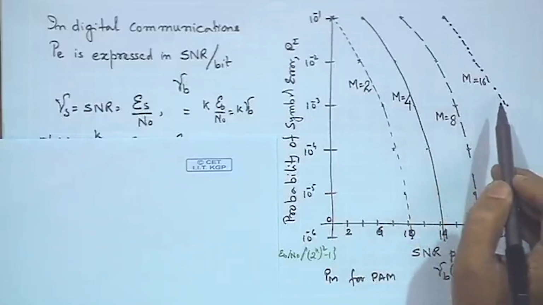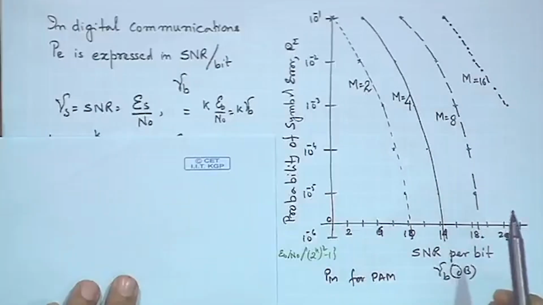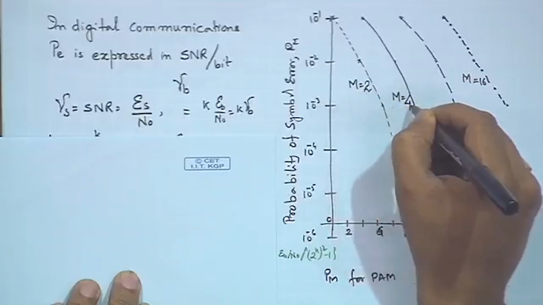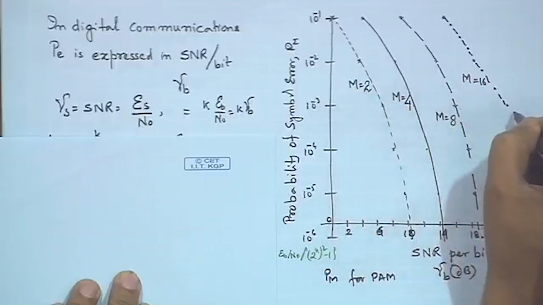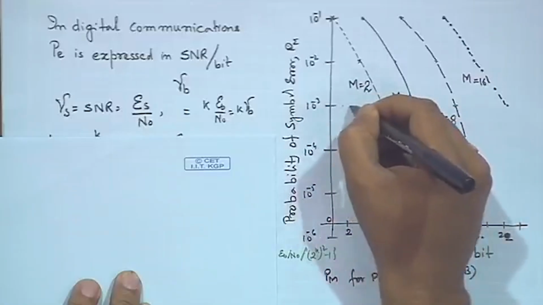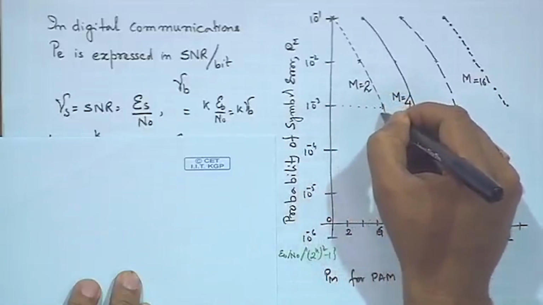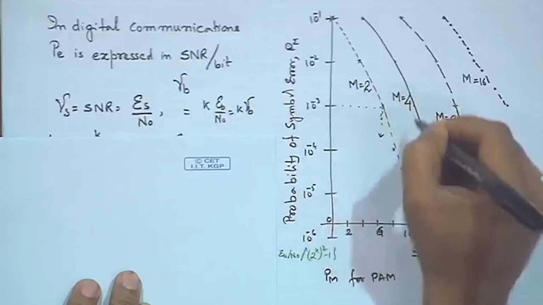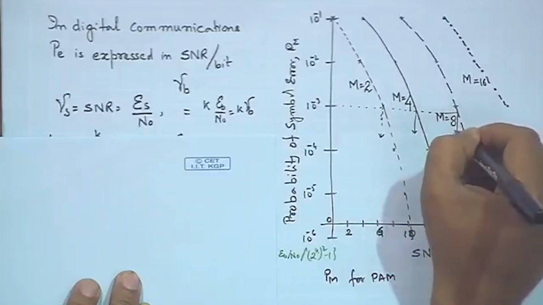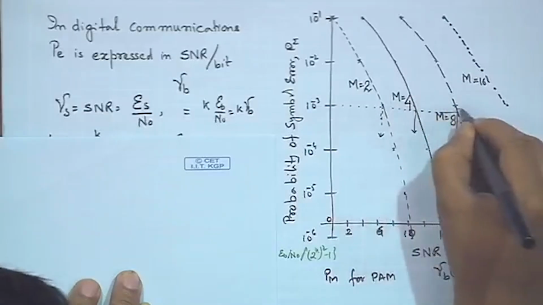So, it can be read in 2 or 3 different ways. One way to look at it is, as I increase the size M, the SNR per bit required to maintain the same probability of error increases. You can clearly see that.